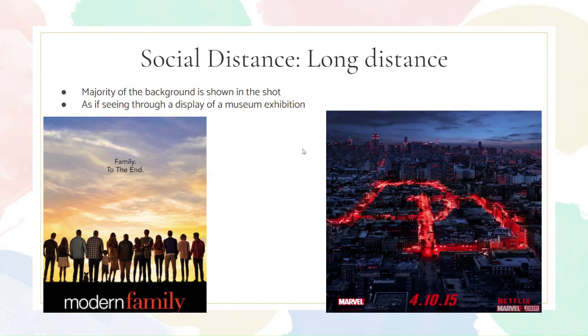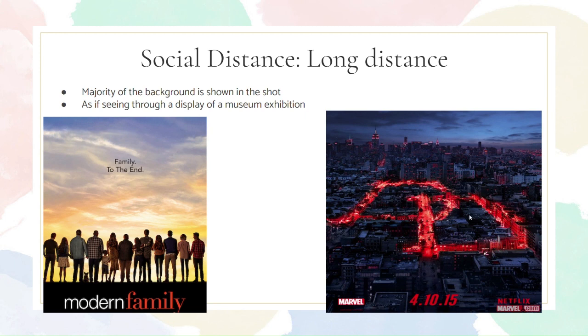Another example is this poster from Daredevil. I'm not sure if it's a movie or a series. We see the words D and D, the D's that are very visible, but we also can see the entirety of the background, where we can see the skyline of the city, and we can familiarize ourselves with what city it is, or where it takes place.